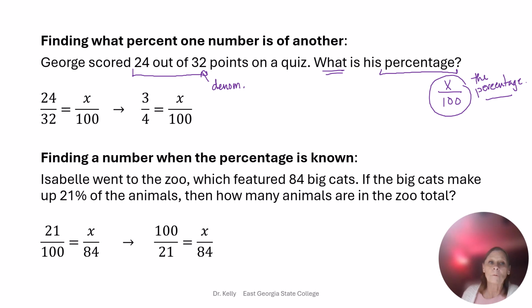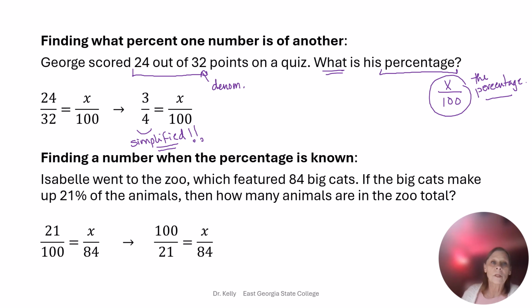Now I rewrote this because I simplified. You want to have your students try to put their work in simplest form before they have to crank through. I'd much rather deal with 3 and 4 than multiplying through with 24 and 32. So always encourage people to make their work a little bit easier for themselves.